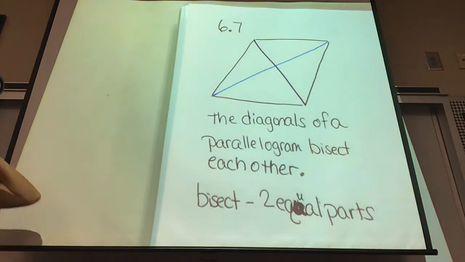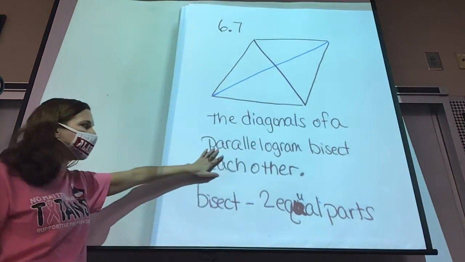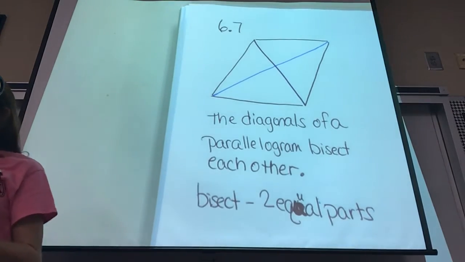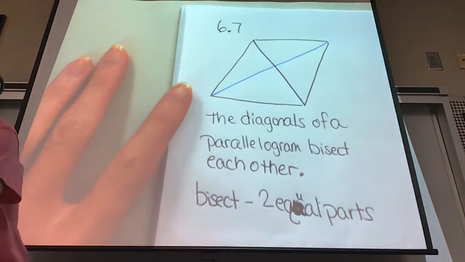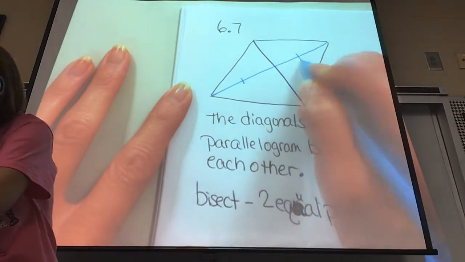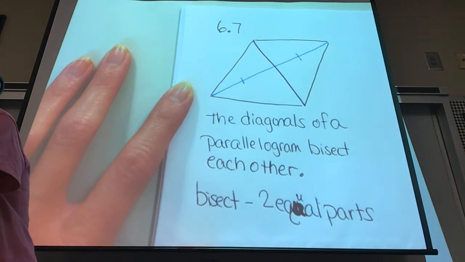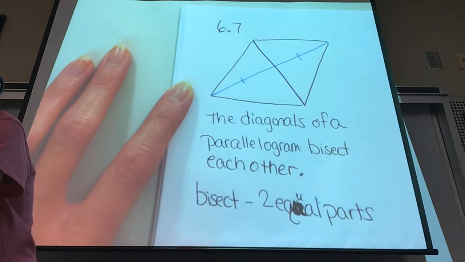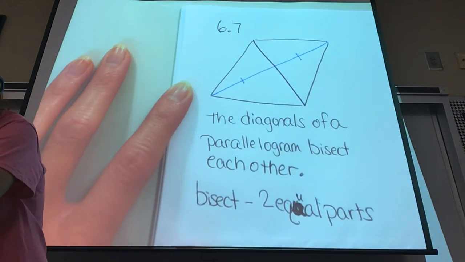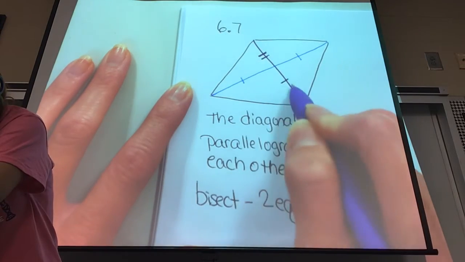So what it's going to do is bisect this in both directions, and it should cut it into two equal parts. Meaning this piece should be equal to this piece, like I said, if they're drawn perfectly. Now, not all of us are perfect drawers, so that may not look that way, but that's what should happen. This piece should be equal to this piece.